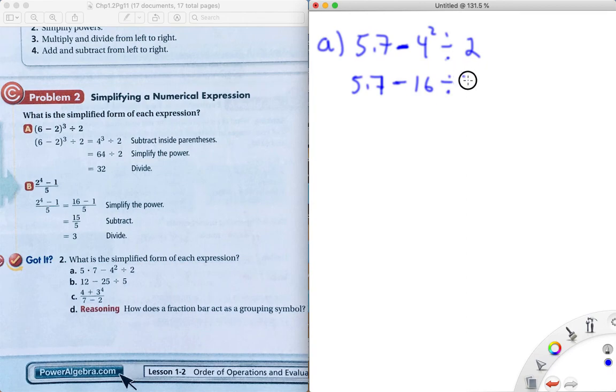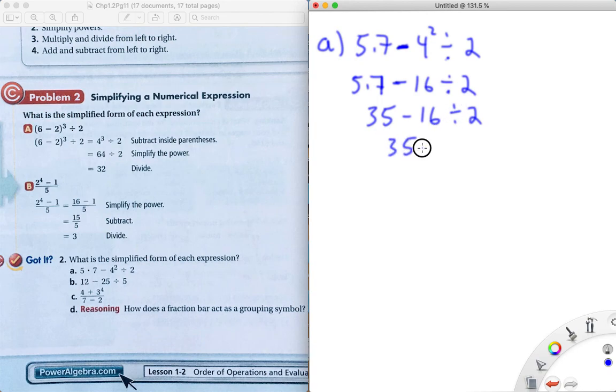divided by 2. Now we have multiplication, subtraction, division. Remember that multiplication and division have the same power, but multiplication occurs first from left to right. So then 5 times 7 will be 35 minus 16 divided by 2. We have subtraction and then division, so then we're going to divide.